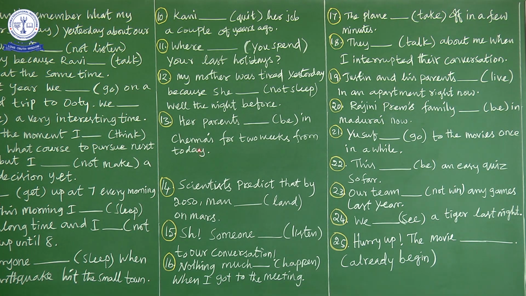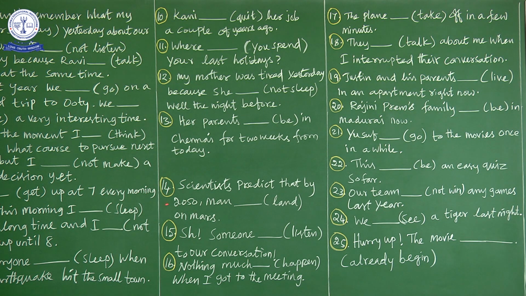It refers to simple future tense. So her parents will be in Chennai for 2 weeks from today. So it is a future action. Since for 2 weeks from now is a future action, we go for simple future tense. That is, her parents will be in Chennai for 2 weeks from today.